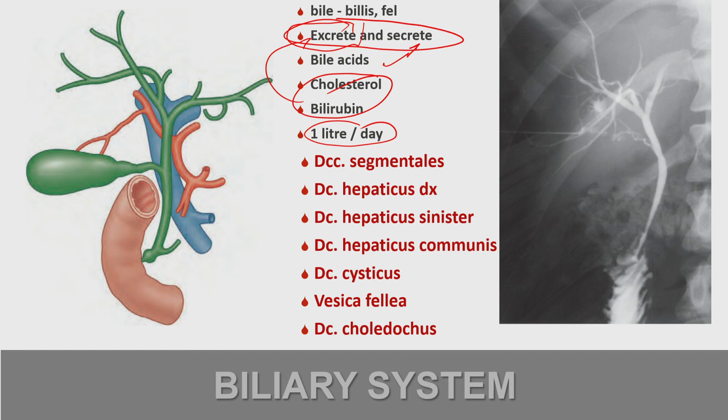And then the bile is flowing through the segmental ducts to the 2 main ducts, which are called dexter and sinister, right and left. From the right and left bile duct, we are talking about extrahepatic ducts.